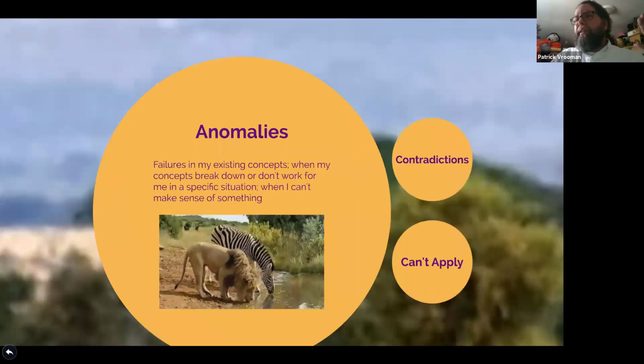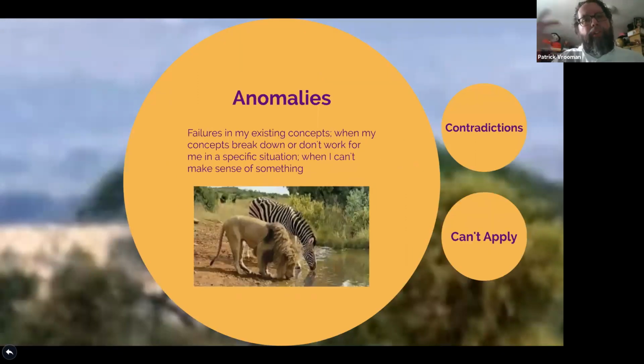So anomalies is a great one. This is when our critters start to fall apart. This is when we start to not be able to apply our critters to a new situation. So let's say new information is taught to us, and we try to use our old knowledge, our old critters, to deal with it, and they fail. Like this new information presents us with something that our old stuff just isn't up for.